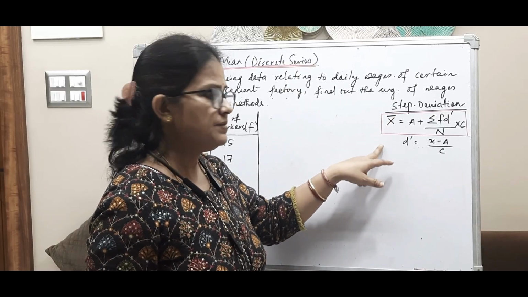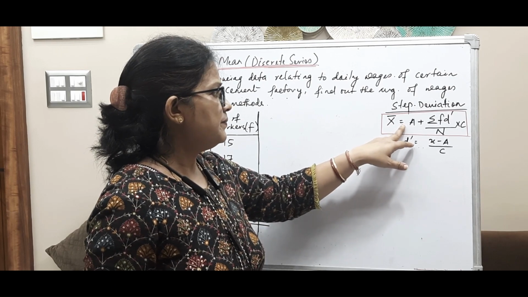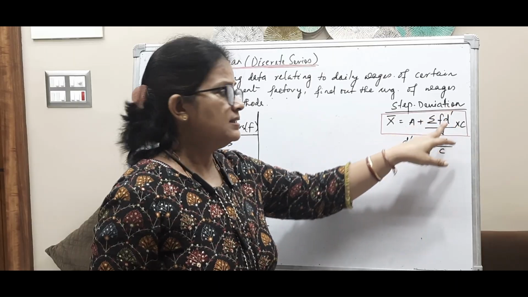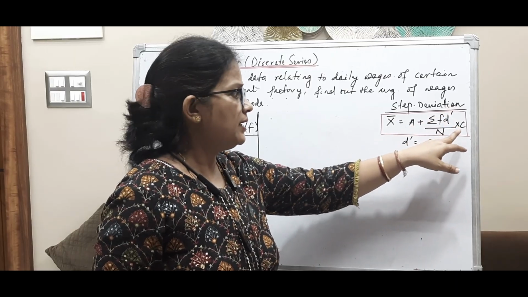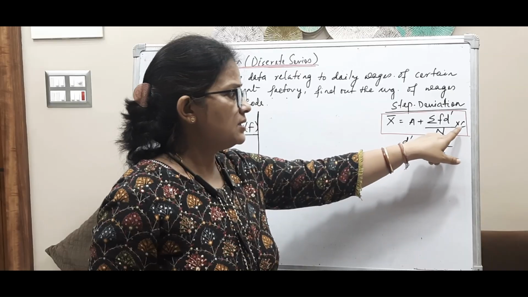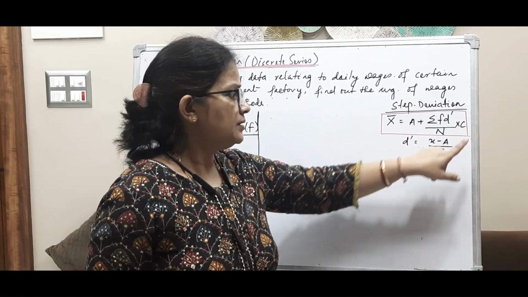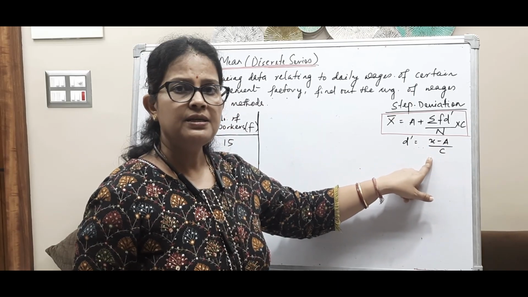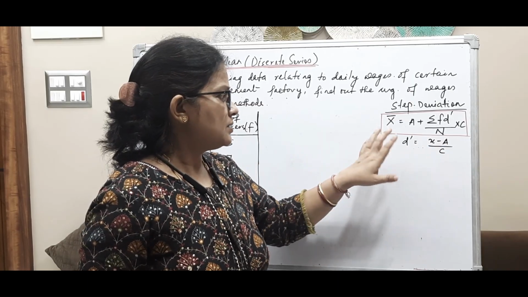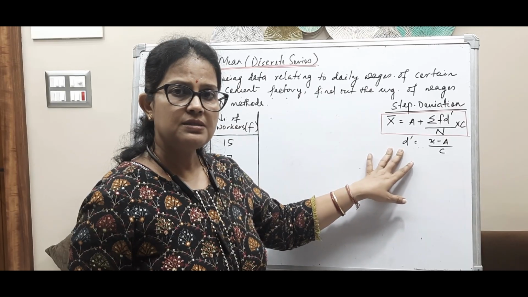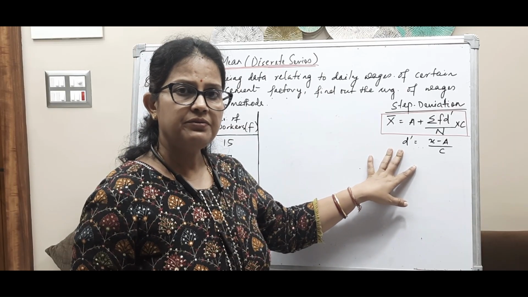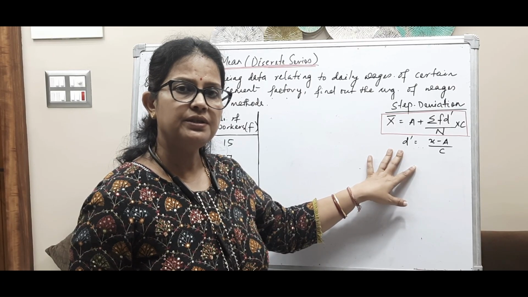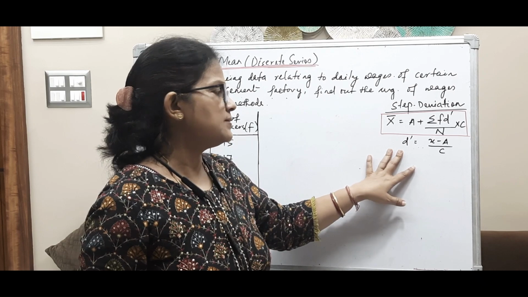For the step deviation method, x bar equals a plus sigma of f d dash divided by n, into c. C is our common factor. D dash equals x minus a divided by c. To refer to these methods, you can go to the previous videos and see what we have done in the individual sheets.